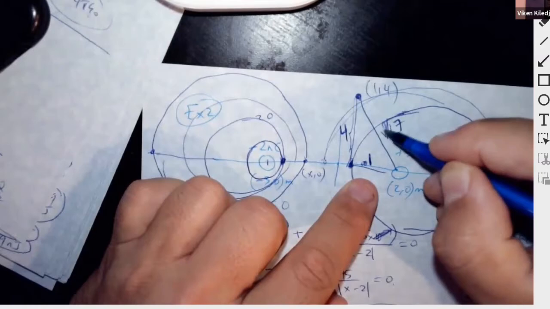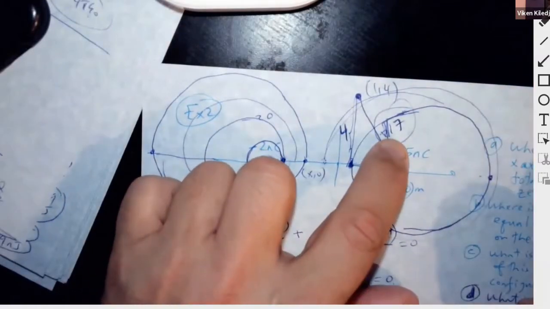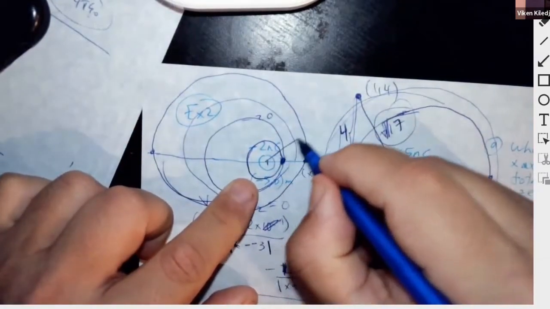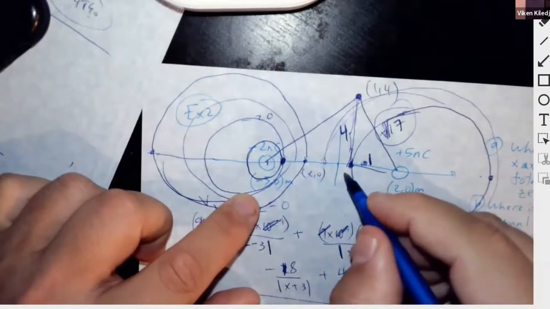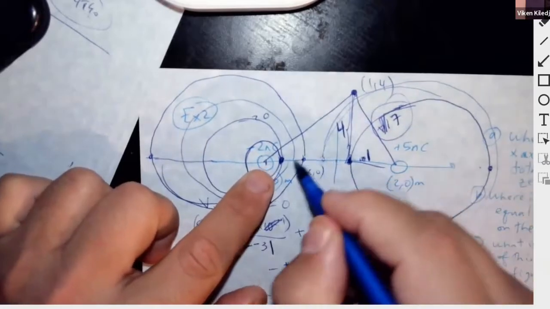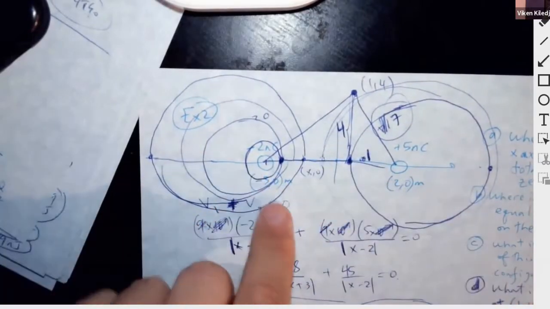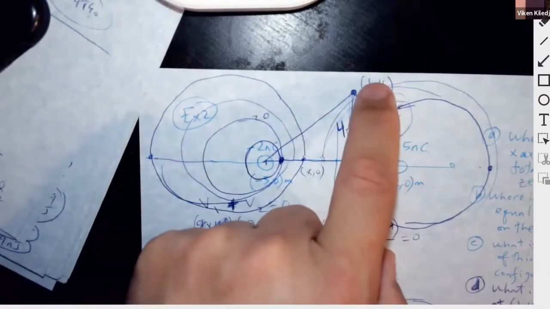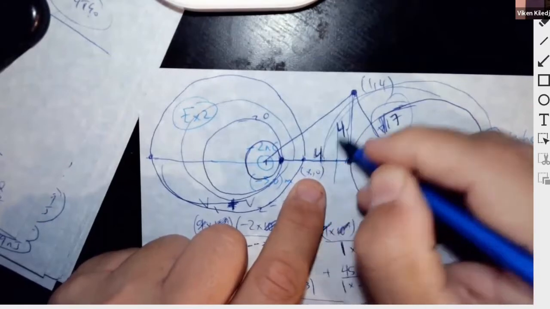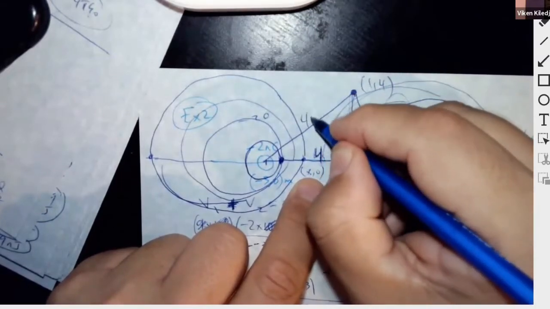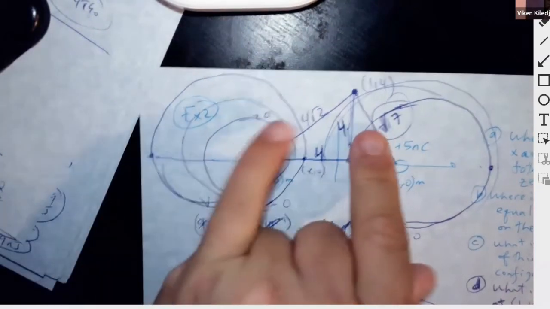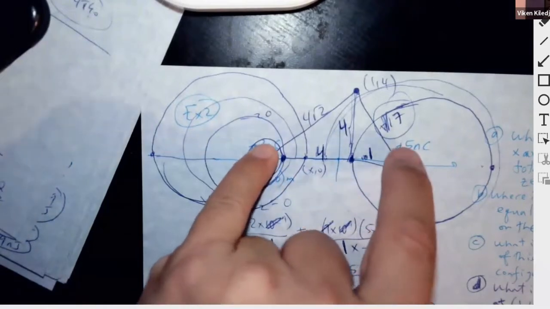With voltage, the distance is the only thing that's important, because you don't have to worry about cosine or sine. And then this distance would be what? 1,4 would be 4. What would the horizontal distance be? Well, if it's 1, and this is negative 3, this would be 4. So that's 4 root 2. So those are the distances I'm going to use, but I'm also going to use the sign of these charges.